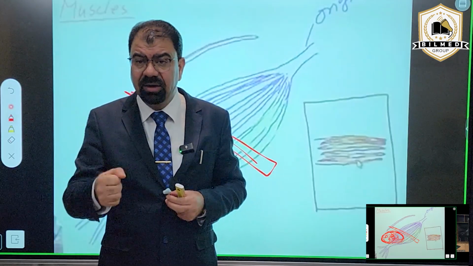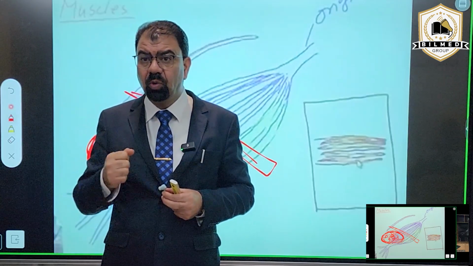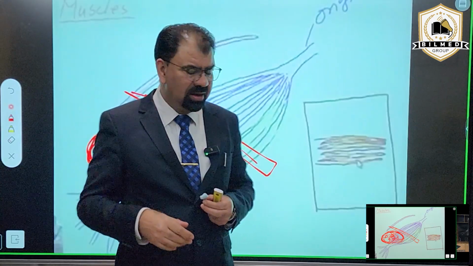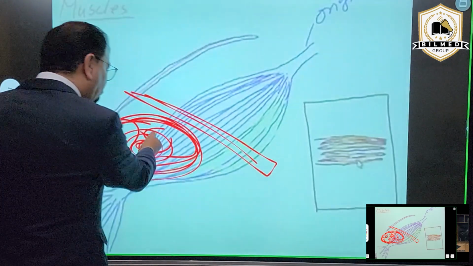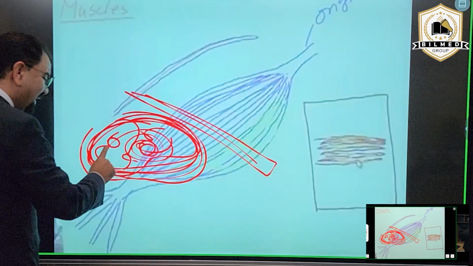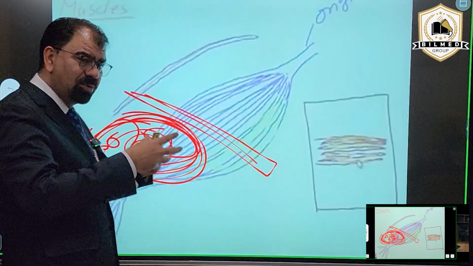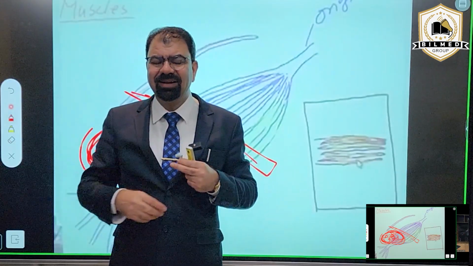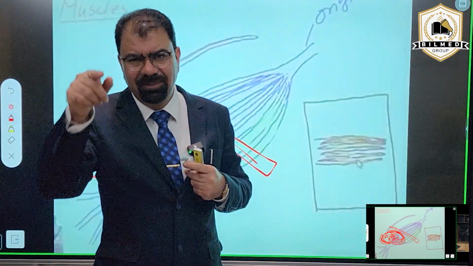Then only you can make a good diagnosis or rule out a diagnosis. Otherwise, you keep on committing blunders. Now, if you rotate the probe on this mass, and if it is a mass, it will not get elongated. And if it goes in length, then you are actually dealing with a muscle.